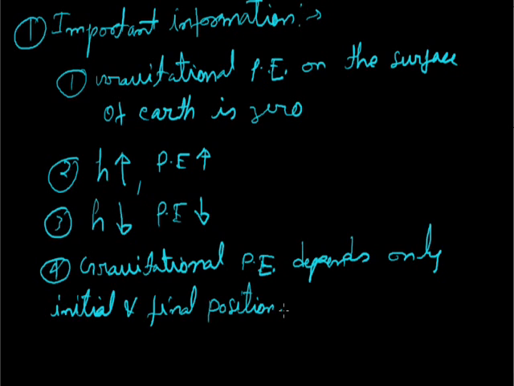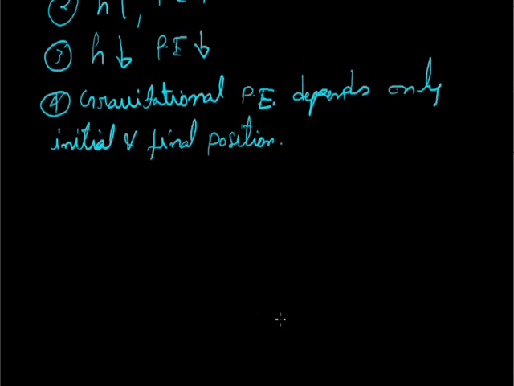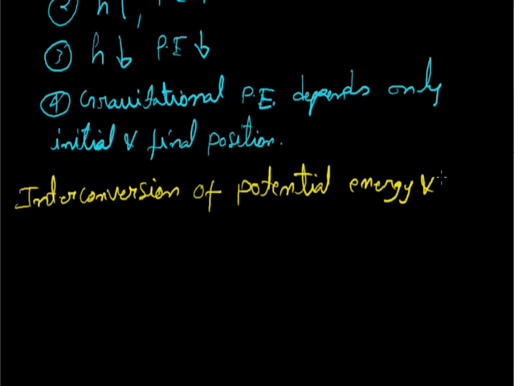Now, interconversion of potential energy into the kinetic energy. How to convert the potential energy into kinetic energy? It's a mathematical proof. Let us see here. Interconversion of potential energy and kinetic energy.